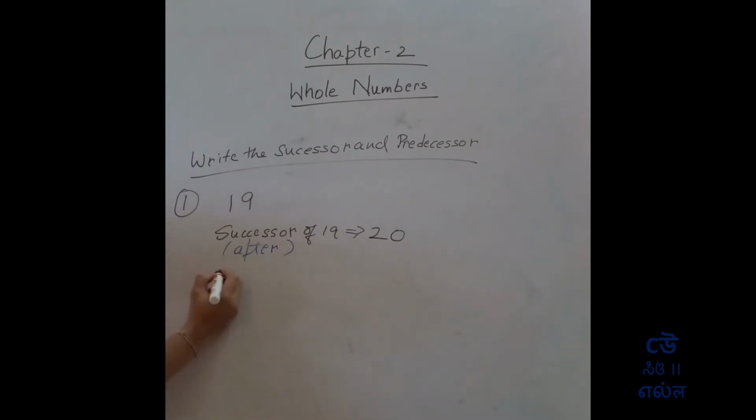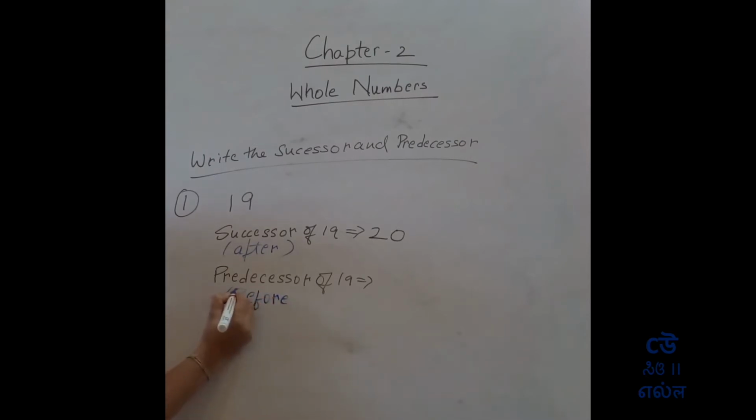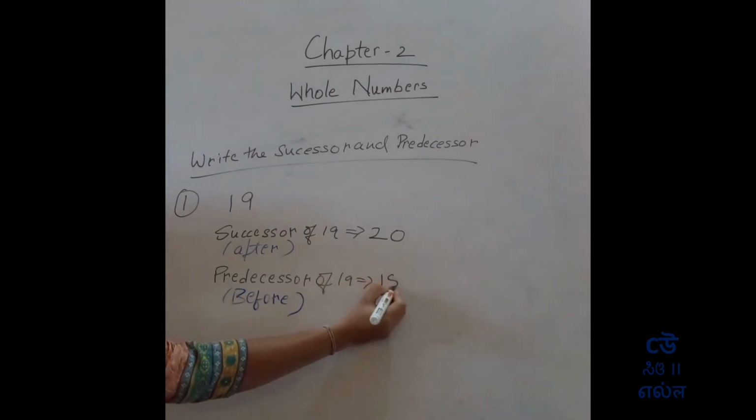Okay. Next, let us write the predecessor number. Predecessor of 19. So, predecessor means what? Before. Predecessor means before number. So, the before number of 19 is 18.